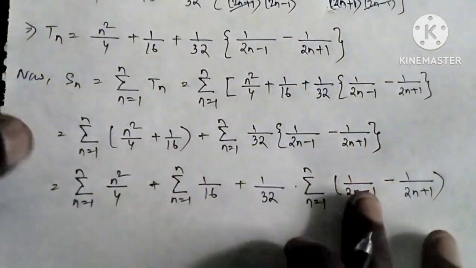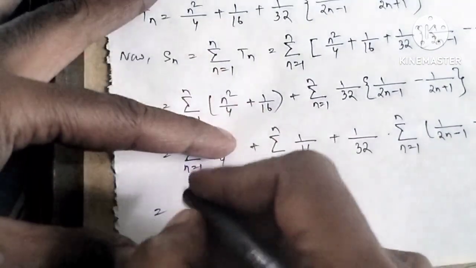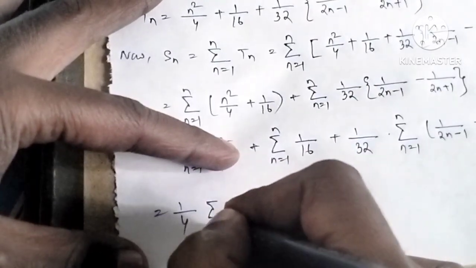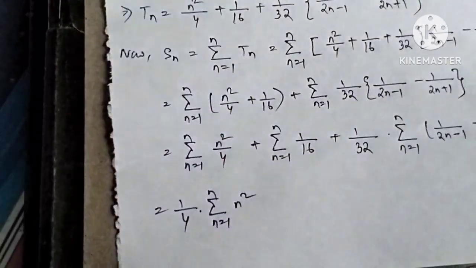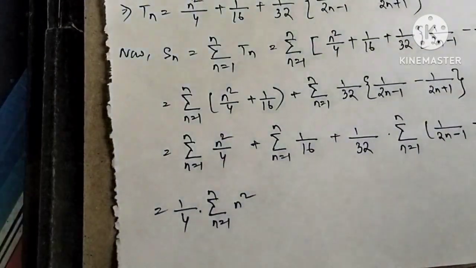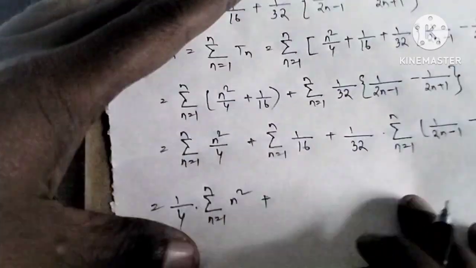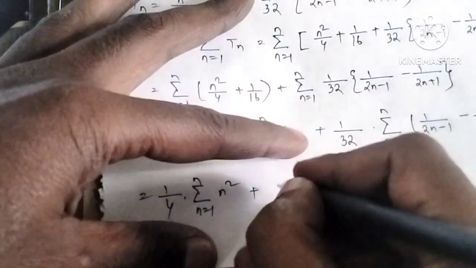Okay, so here this 1 by 4 will come out, n square. Acha, sigma 1 by 16 will be n by 16.